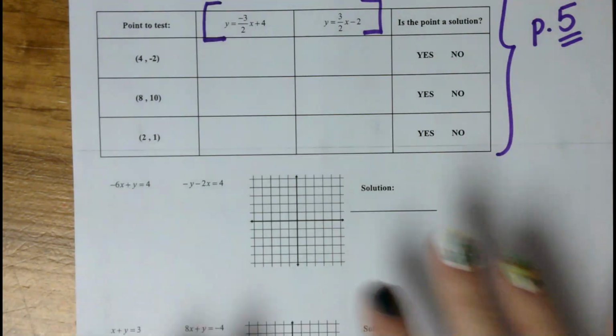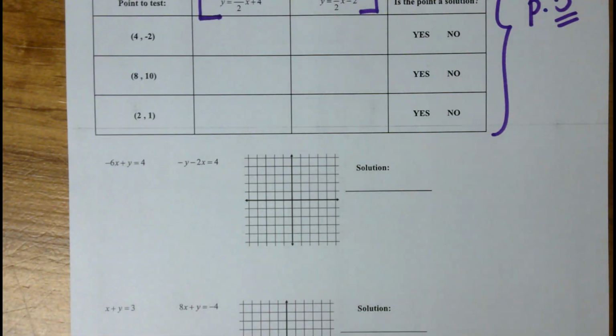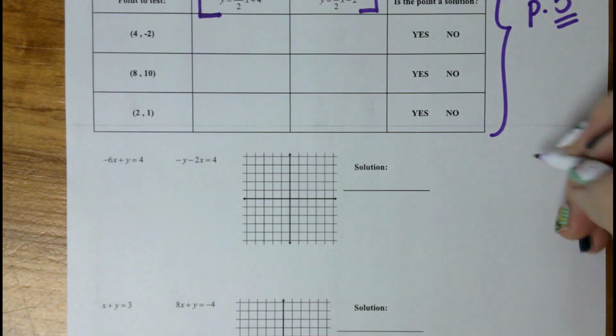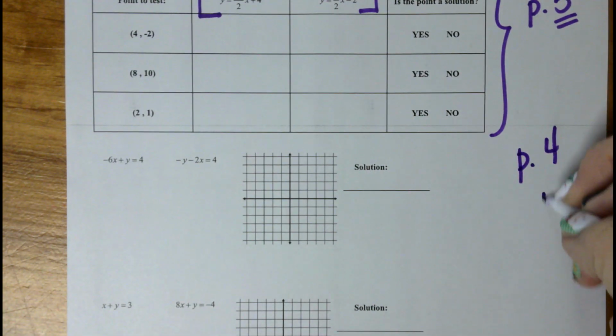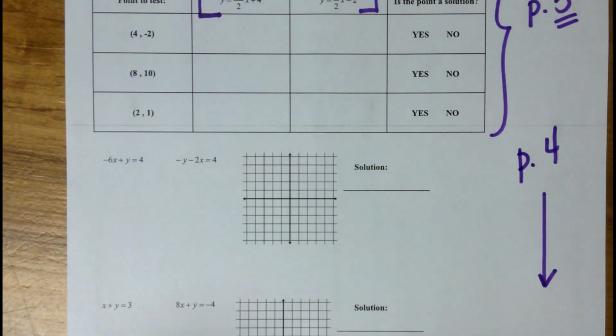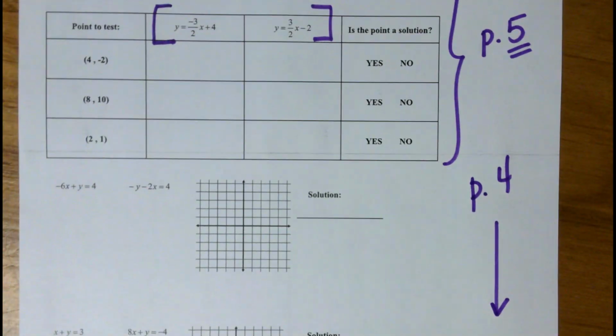Okay, so this is going to be like page 4. Okay, so the front and the back will be like page 4 in your notes. So that's all I have for today's lesson, and it's time for you to work.